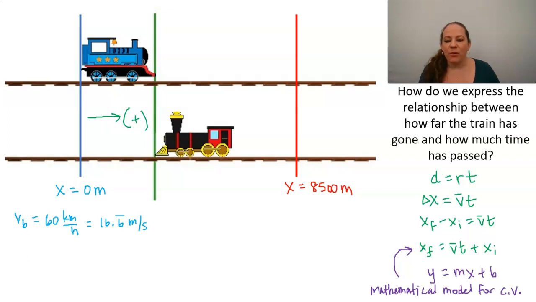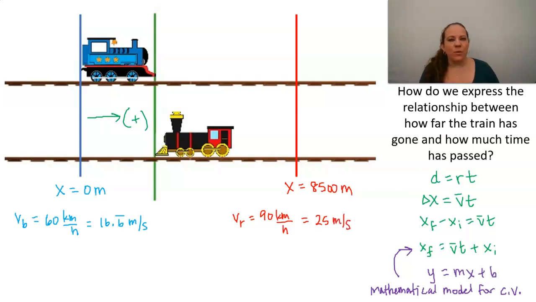I prefer to keep a few extra decimal places and then round at the end, so I'm going to leave it just like that. And the velocity of our red train is 90 kilometers per hour, which is 25 meters per second.